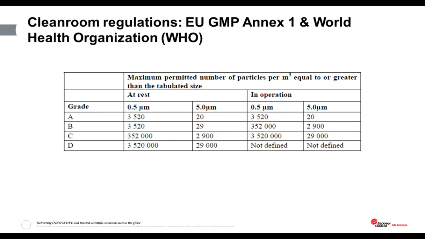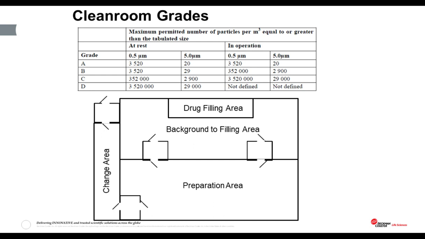Now, there are approximately 35.2 cubic feet in 1 cubic meter of air. So the user must multiply the count results by 35.2 to get the counts per meter. Now, most particle counters can be programmed to automatically make this calculation for the user, but it's another configuration step to remember to make to ensure the results are reported correctly according to GMP.